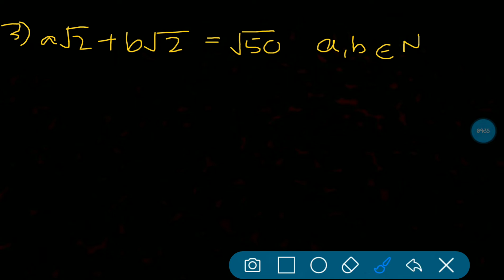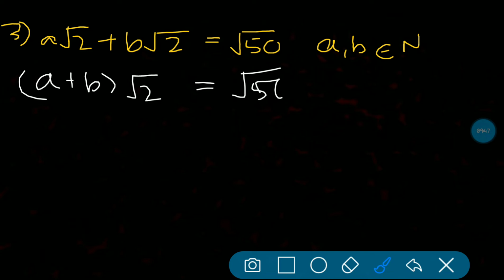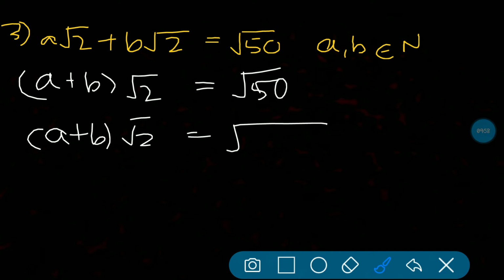Now this one you have to solve, right? So here using the distributive property, a plus b multiplied by root 2, because root 2 is common, equal to root 50, right? Now root 50 can be written as root of 25 into 2, right?